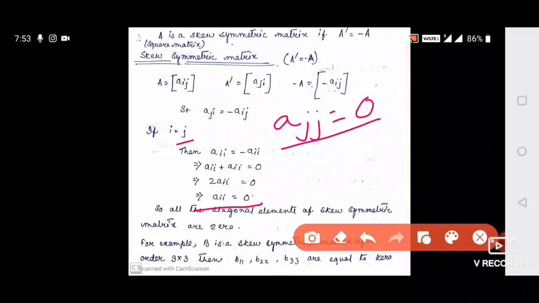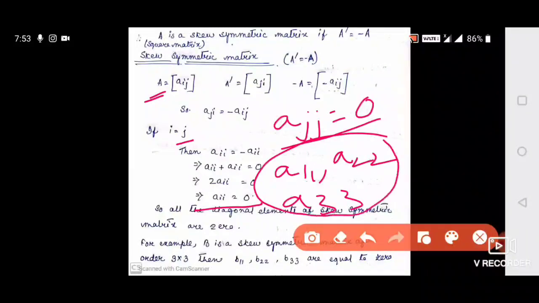That means if suppose A is a matrix of order 3 by 3 and A is a skew symmetric matrix, then A11, A22 and A33, these 3 elements will be equal to 0.